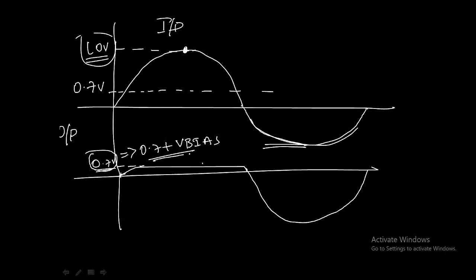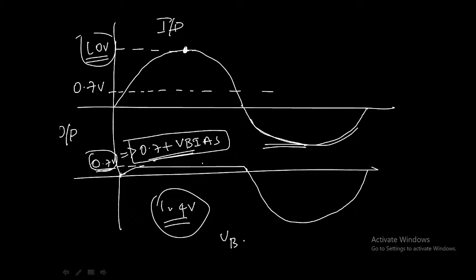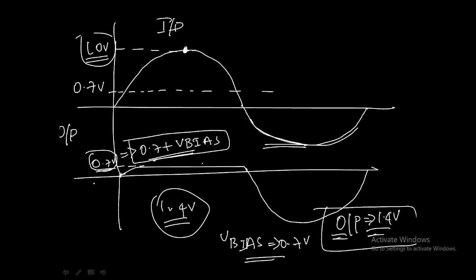According to this bias voltage, you can adjust the output voltage. If you want the output voltage to be around 1.4 volts, then you can apply V bias equal to 0.7 volts. Instead of keeping the output voltage stuck at 0.7 volts, you can increase it.